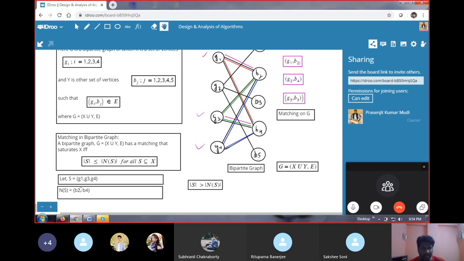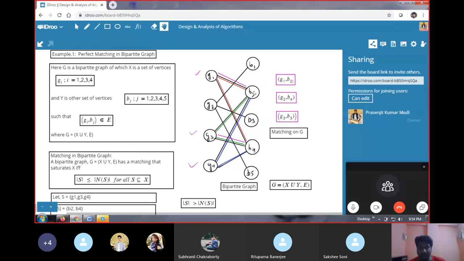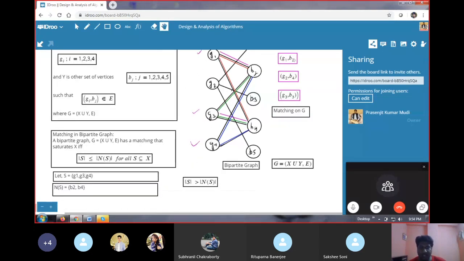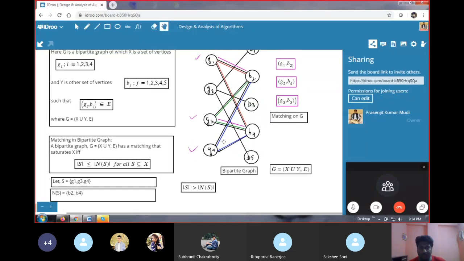But the set N(S) is B2 and B4, because G1 is connected to B2 B4, G3 is connected to B2 B4, and G4 is also connected to B2 B4. That's why N(S) is B2 B4.